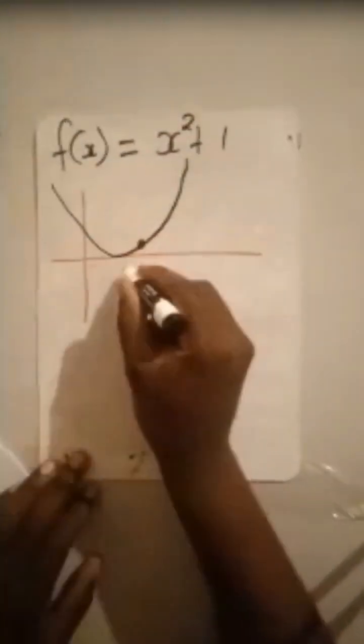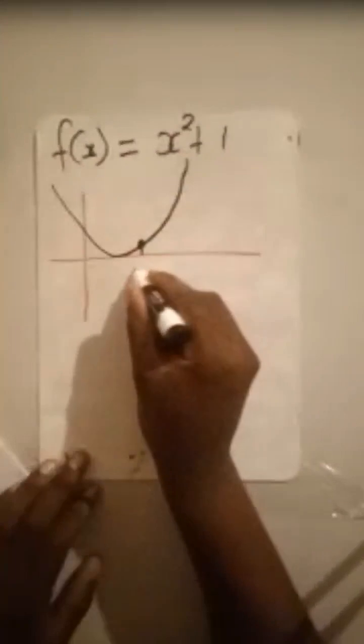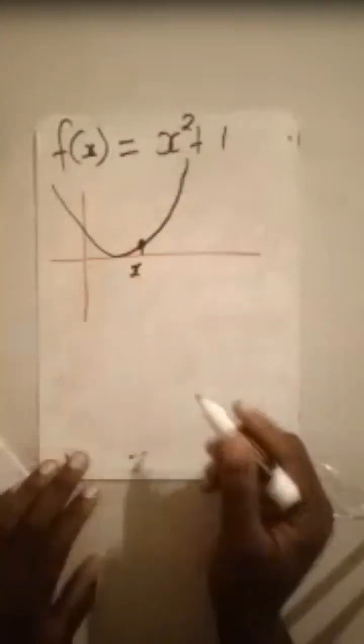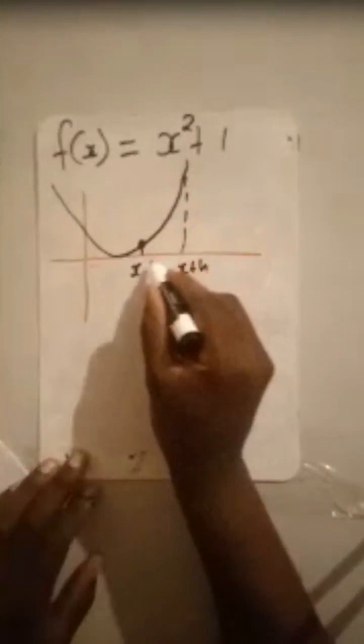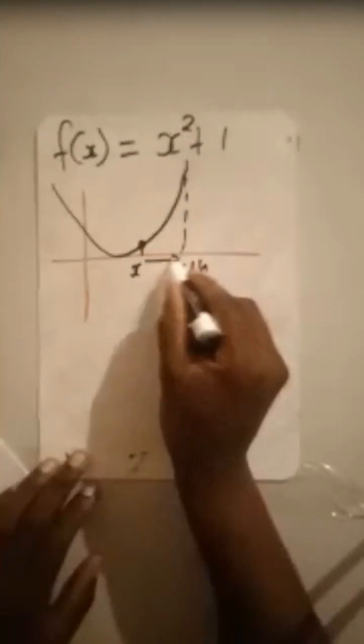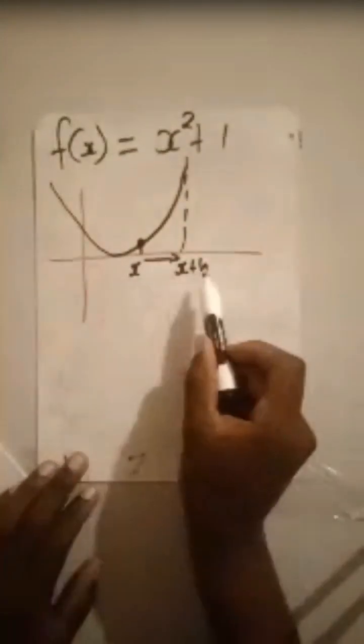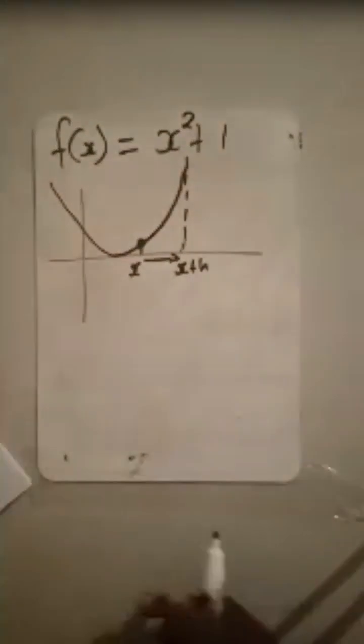Then we are going to have 2 points, point A with coordinate x, and another point there, which is going to be x plus h, meaning h is the distance between x and x plus h.